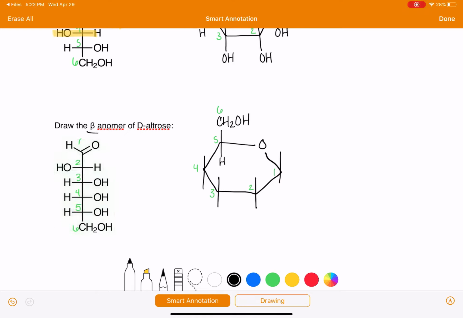What is this asking you to draw? Draw the beta anomer, so carbon number 1, OH is up. What about 2, 3, and 4? When you turn it on its side, 2 OH will be up. 3 and 4 OH will be down. There you go, you did it.